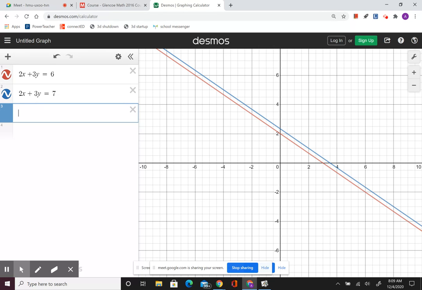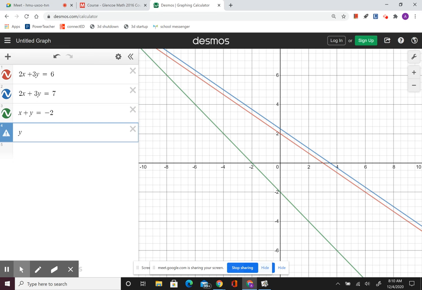You can just continue to go down here and type in lines. They can be in any form, which is really nice, because even on the graphing calculators, you have to have it as y equals. You can't type it in like the first 3. It has to be like the 4th one. But because it's green and purple, I know I'm looking at the green and purple one, and their point of intersection is right there. It tells you the coordinates if you click on it. It gives you the coordinates as (-2, 0), and that would be the solution.